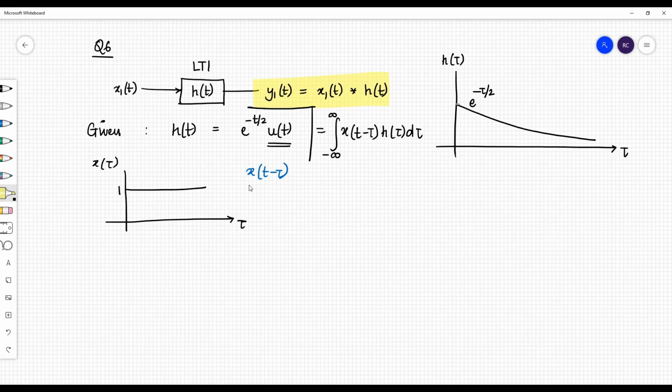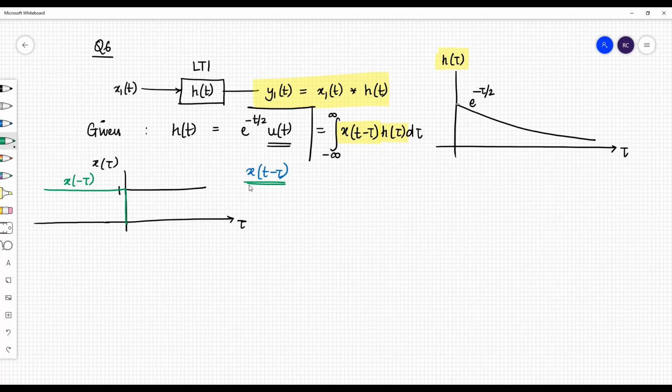h(tau) we already have here. I need x(t minus tau); that's what I'm trying to obtain. So if this is x(tau), this is x(minus tau), which is like saying x(0 minus tau). If I write it in terms of t minus tau, this is the particular case for t equal to 0.